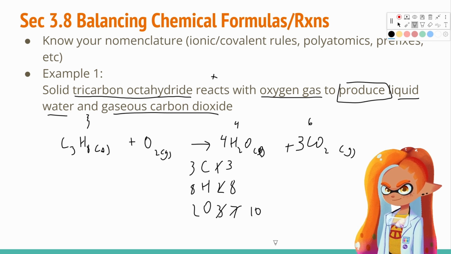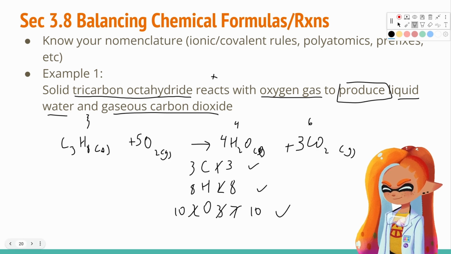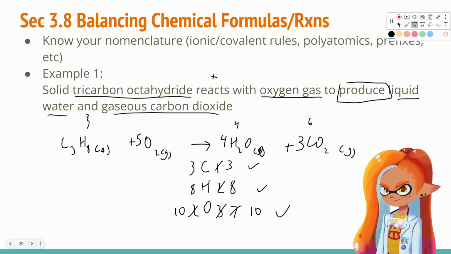So I'm going to go ahead and put a 10 over there. And so my carbons are balanced, my hydrogens are balanced, my oxygens are not. So in order to get this balanced, if I put a 5 in the front, 5 times 2 is 10. And so now carbons are balanced, hydrogens are balanced, and oxygens are balanced. So that is how you balance this equation.